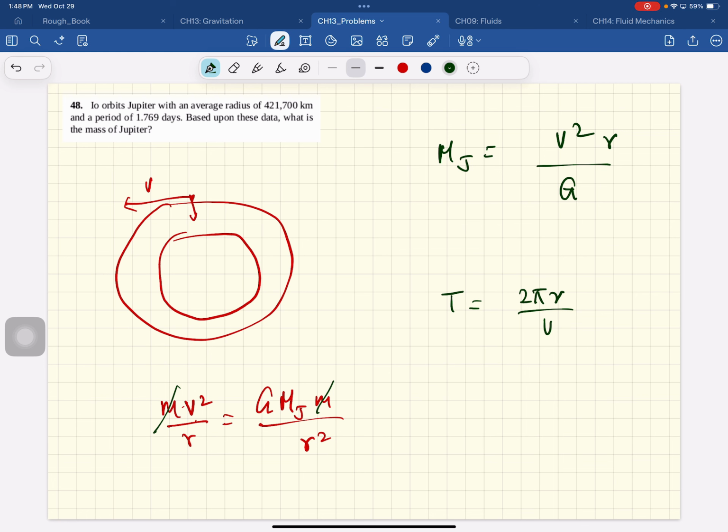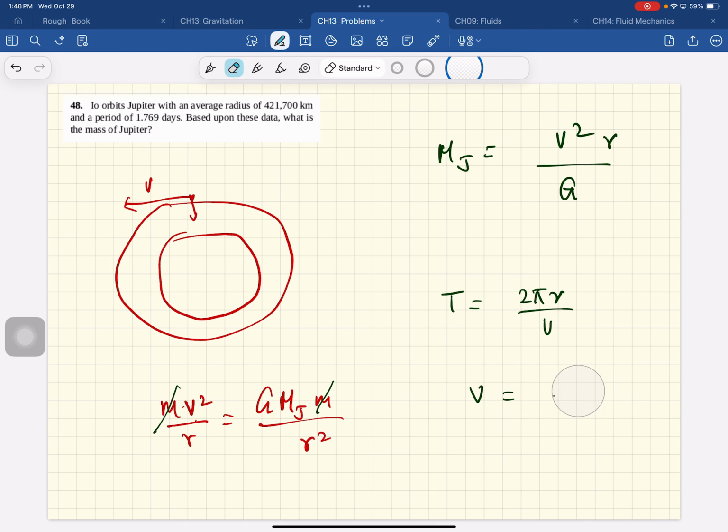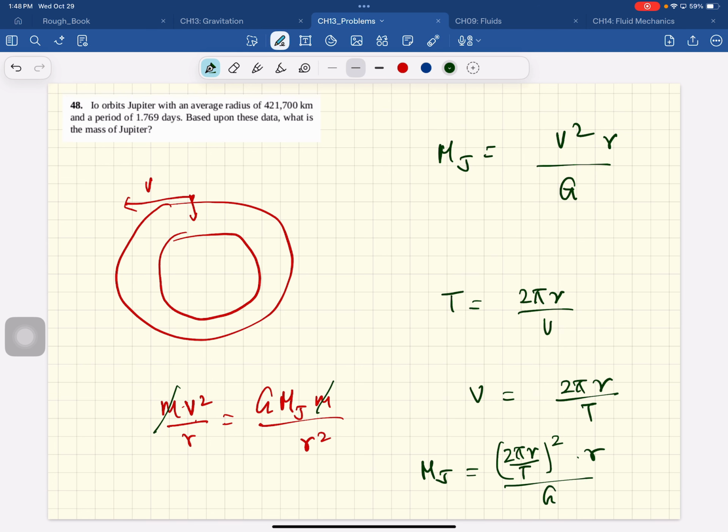We'll substitute this in here. So mass of Jupiter is, we are essentially deriving Kepler's third law.